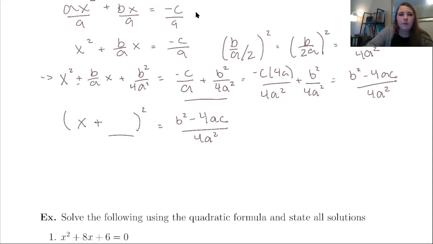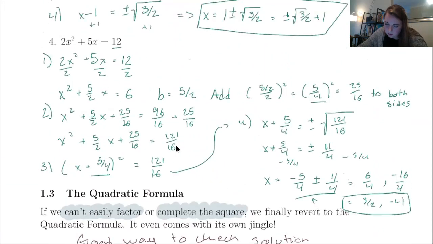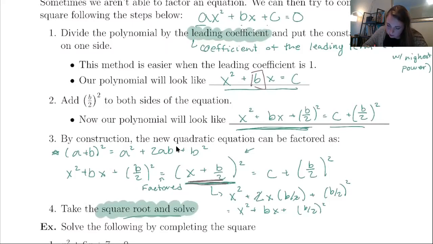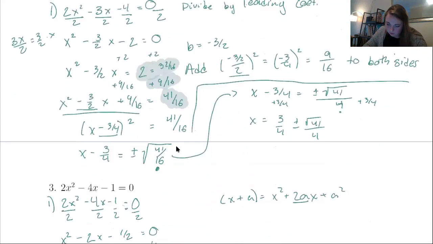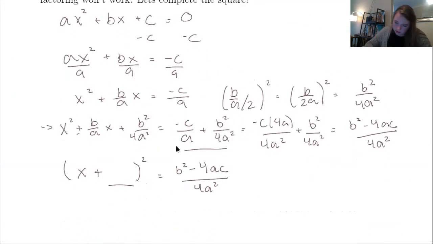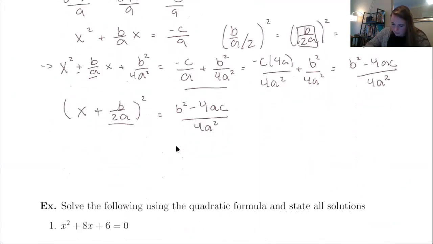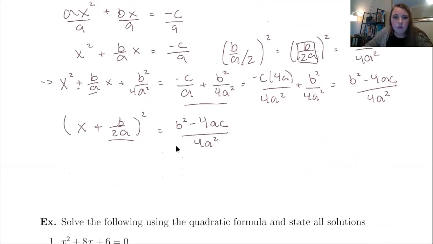Let's go back and look at your completing the square notes, right? So we added b over 2 squared. And so by construction, it should factor into x plus that middle coefficient divided by 2. So this guy divided by 2, which should just be over 2a. Right, this guy right here. All right, and now we're going to just solve from here.